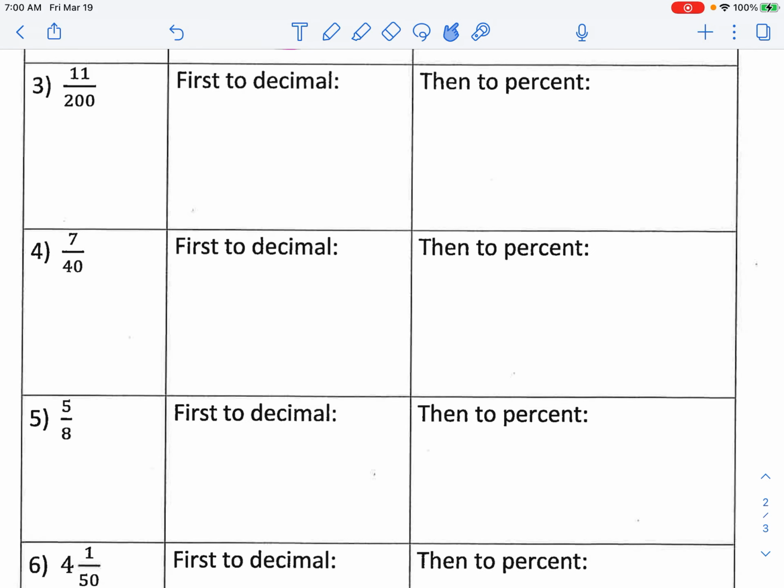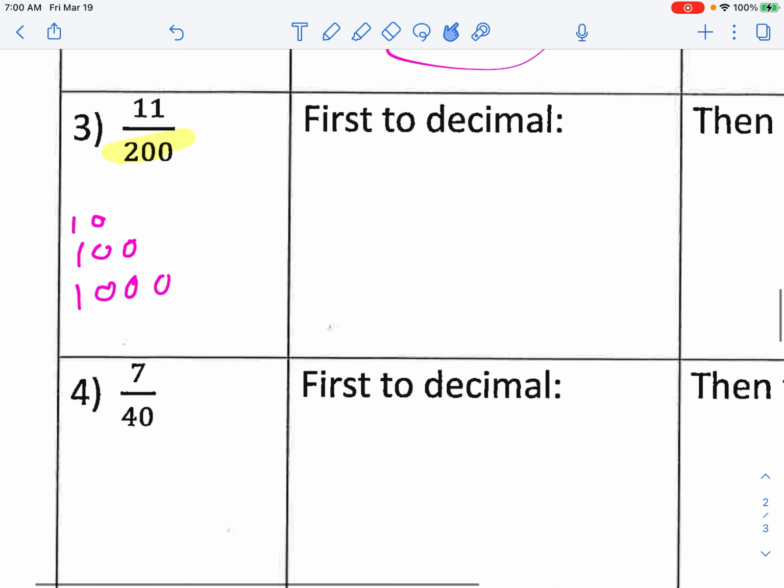Now, if this denominator is 200, we can't get that to be a 100 or a 10. But think about the way that we read decimals. We read decimals as either tenths, hundredths, or thousandths. So what I can do is multiply to make this denominator 1,000. 200 times 5 is 1,000, and 11 times 5 is 55.